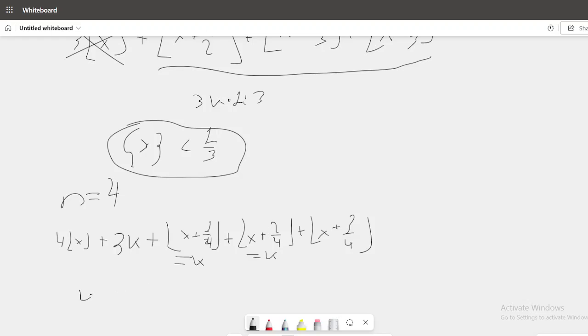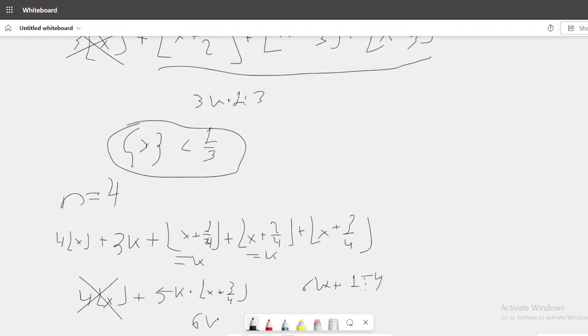So we have 4 times the floor of x plus 5k plus something. Well, that something is either k or k plus 1. This is divisible by 4. This can't be k plus 1 because 6k plus 1 isn't divisible by 4.